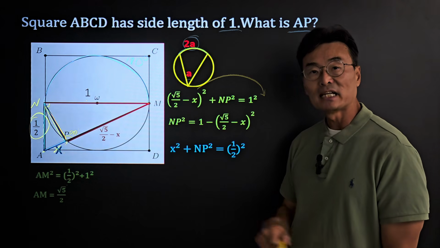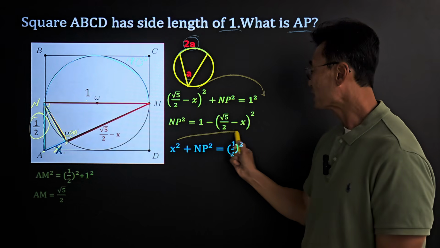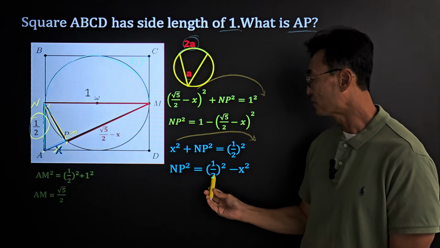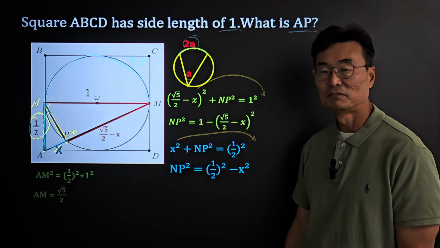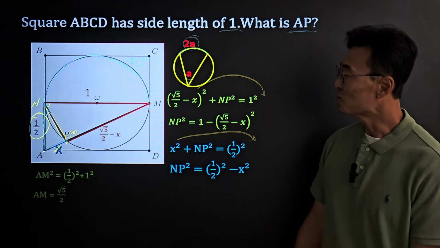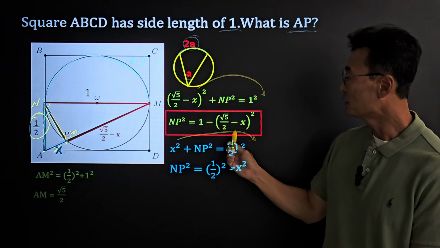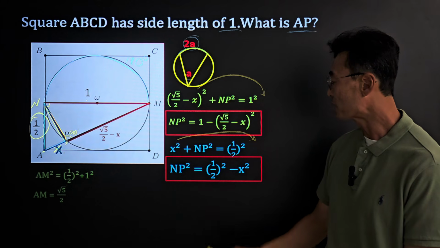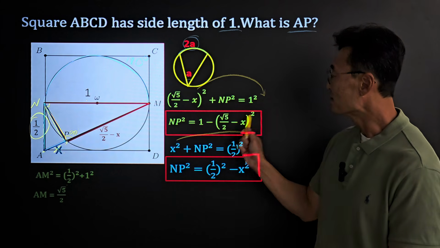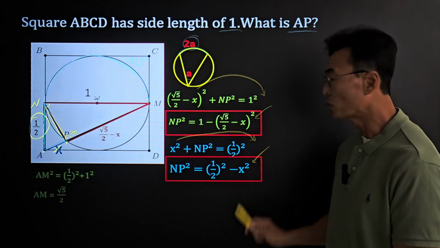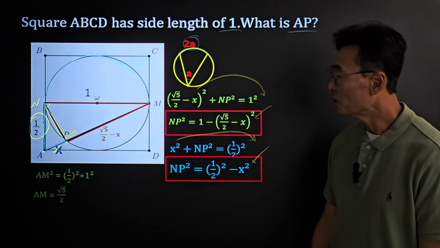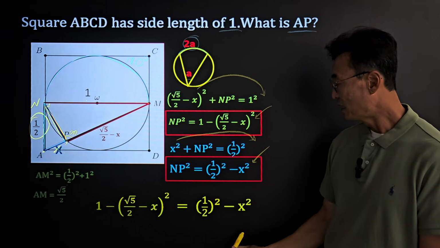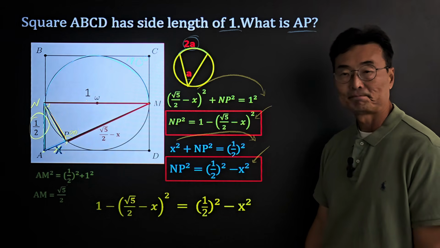To isolate NP squared, we bring the x squared to the right side, where we have NP squared equals (1/2) squared minus x squared. Now notice that we have NP squared equals this, and NP squared equals (1/2) squared minus x squared. Since they both equal NP squared, we can set them equal to each other and make an equation where we have just the x.